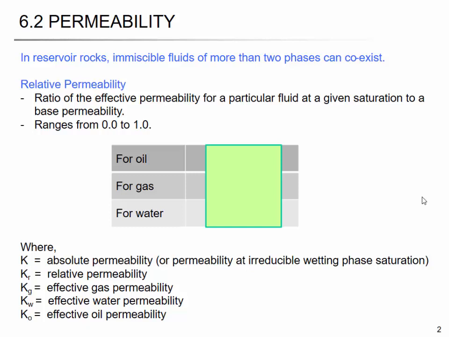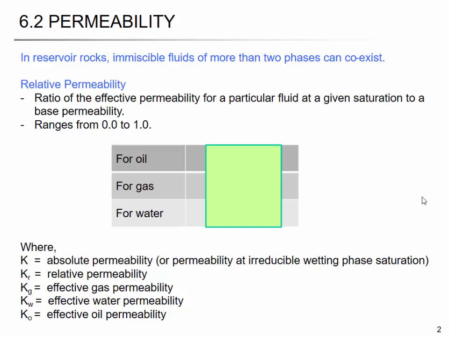But in reservoir rocks, when you produce the hydrocarbon, it can be in gas phase or the oil, the liquid phase, and also you can have the water, the brine or connate water, the formation water. So immiscible fluid, the water and the oil don't mix with each other, right? And when you have gaseous hydrocarbon and the liquid hydrocarbon, they also don't mix with each other. So immiscible fluids of more than two phases can coexist in reservoir rock.